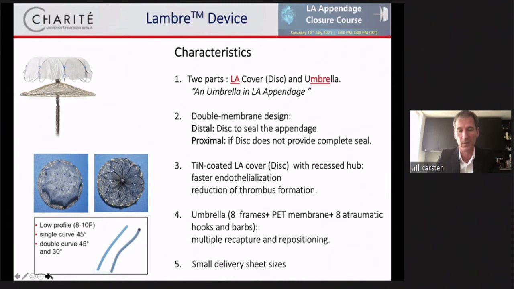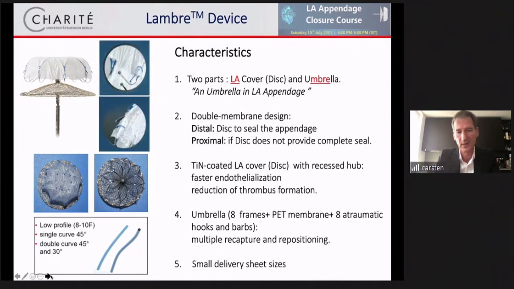Then you have, of course, a recessed hub, as with all devices, for better endothelialization. And this umbrella is really interesting, and that's different to other devices. You have these hooks and barbs, and they are atraumatic, as you can see.